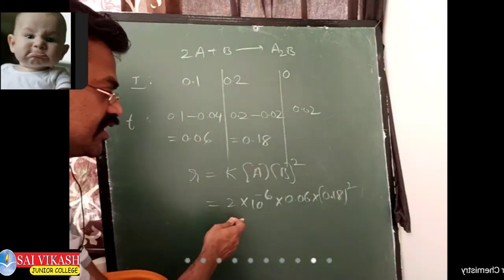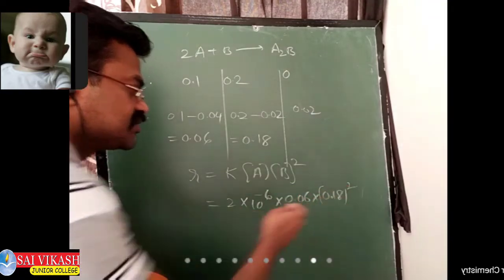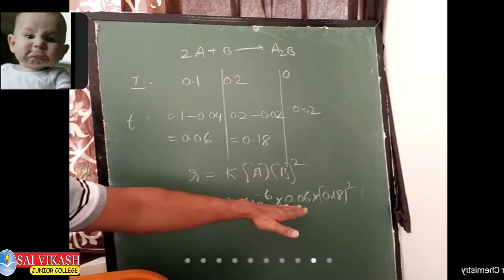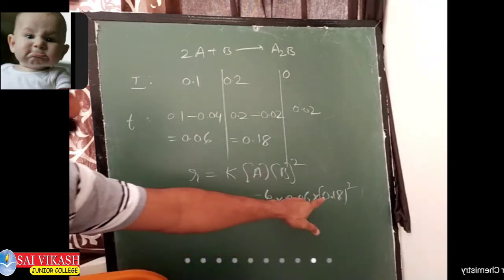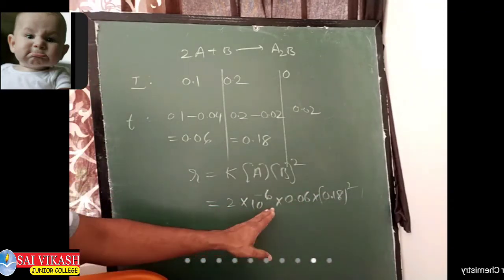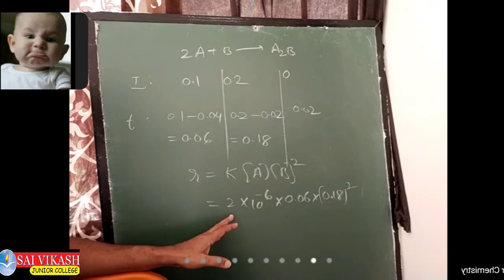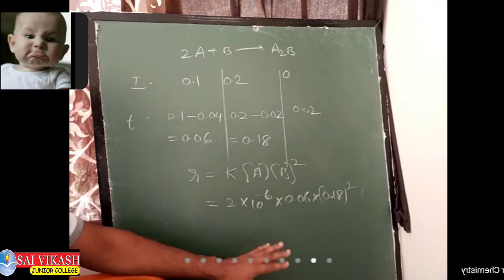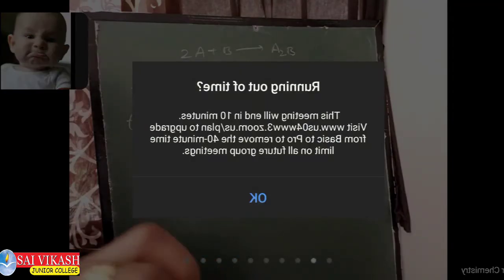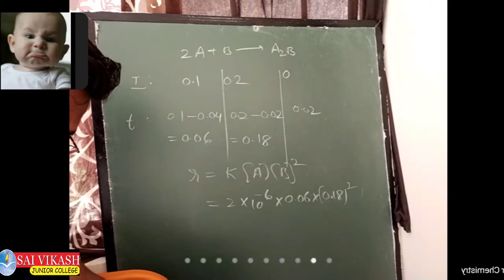So this is the K value, this is the A value, this is B square. You just simplify this, you will get the answer. Simplify, that is your answer: 2 into 10 power minus 6 into 0.06 into 0.18 whole square. This is your final answer after some time t. So like that 4.2, they will ask this one for a 3 marks question.